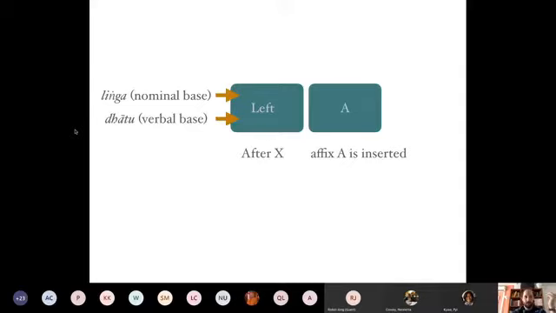As to the item on the left, this can be only of two types. It can be a linga, that is a nominal base, or it can be a dhatu, that is a verbal base. It cannot be any other type. Of course, the dhatus are not directly used, so they need to be processed, but basically these are the two types.